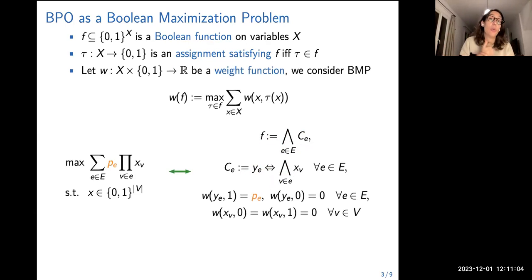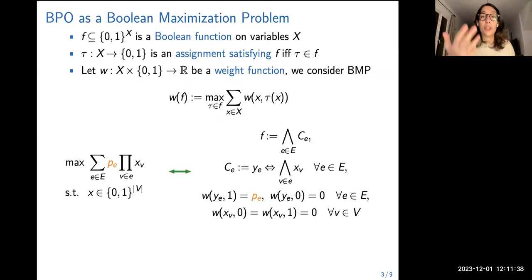Now, however, our goal as optimization people is actually to optimize the polynomial, so find the actual optimal value and the optimal solution. So we need to introduce the notion of coefficients and maximization in the Boolean function. We can do it with weight functions that are defined not only on the variable x, but also on the specific value of the assignment that it gets, meaning that you can define different weights depending on whether a variable is set to false or to true.